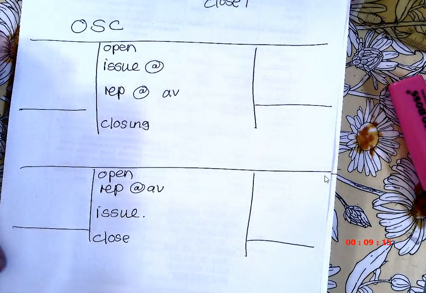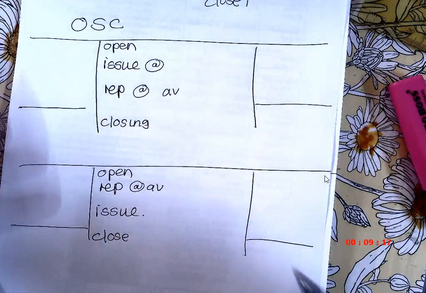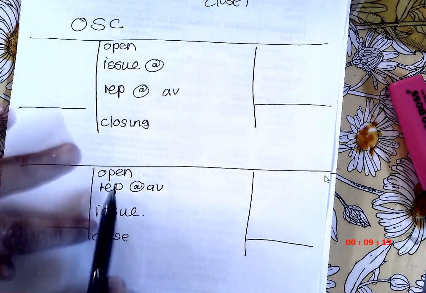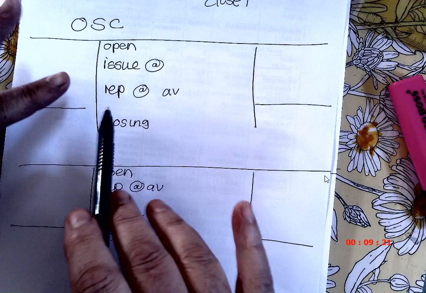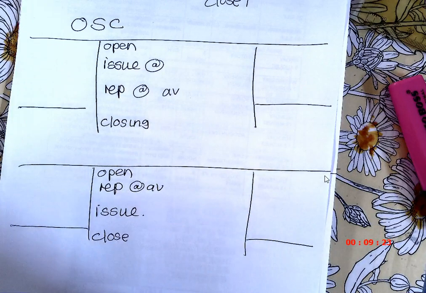You see? So basically what happens is the order. It's important to have the order right because that's going to determine your average price.